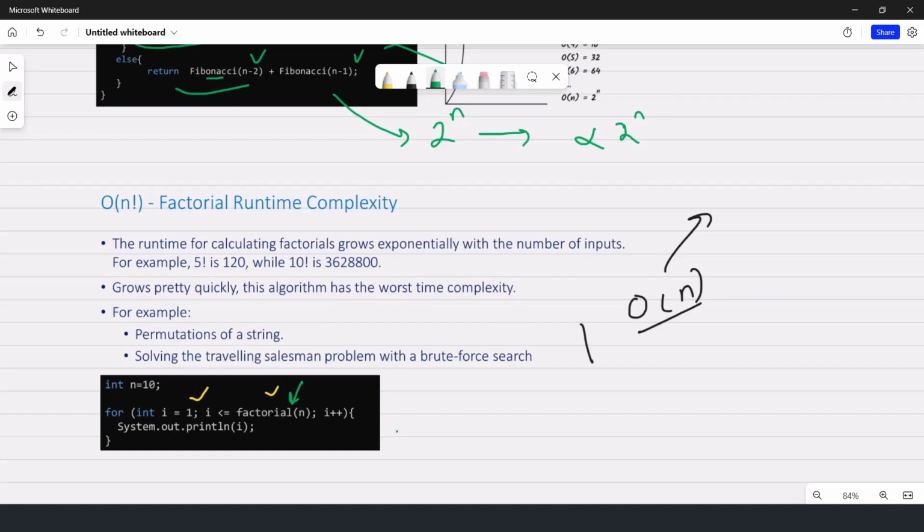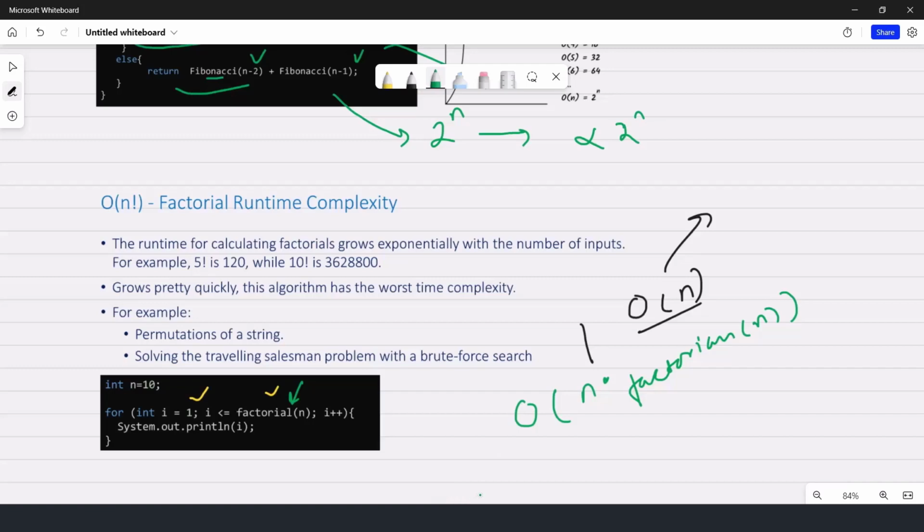Therefore, the overall complexity of the code can be approximated as O of n multiplied by factorial of n. It is important to note that factorial functions grow very quickly, and the factorial of n becomes very large for larger values of n.